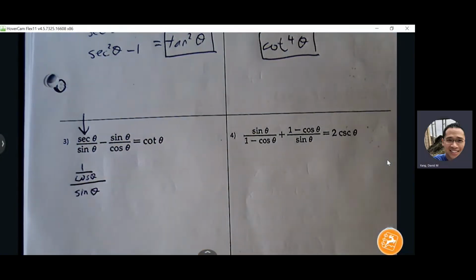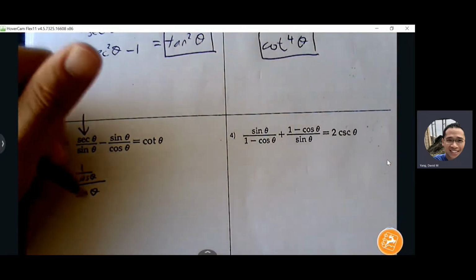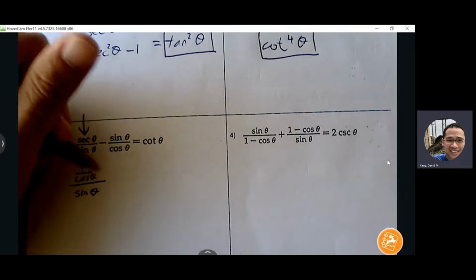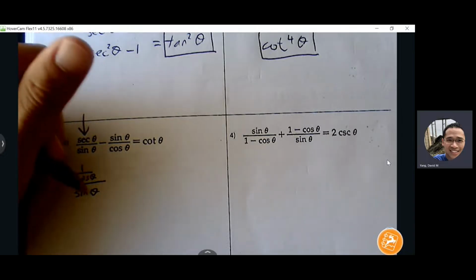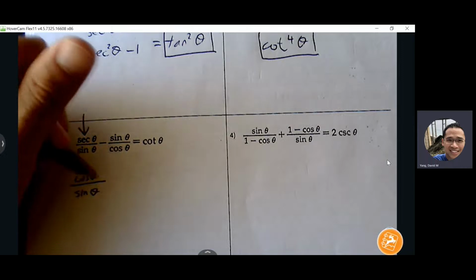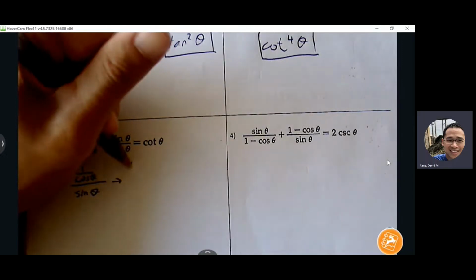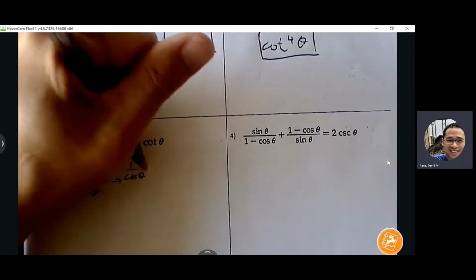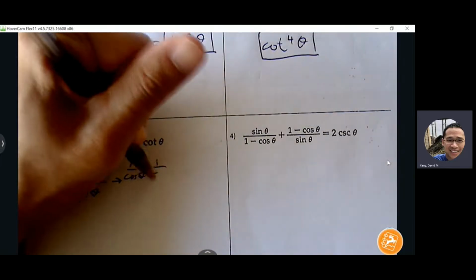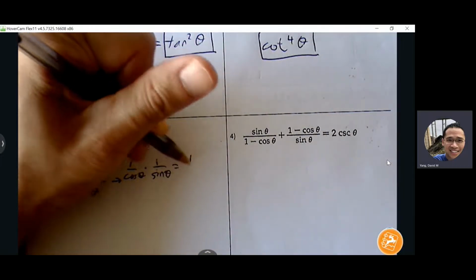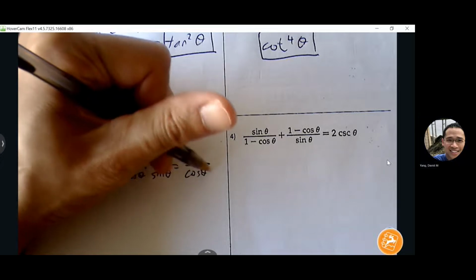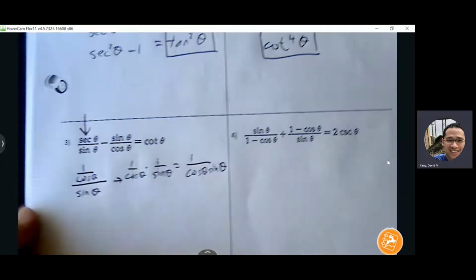So secant is 1 over cosine. 1 over cosine divided by sine is really 1 over cosine times the reciprocal of sine, which is 1 over sine, so 1 over cosine sine. Okay, so I'm going to rewrite it here.